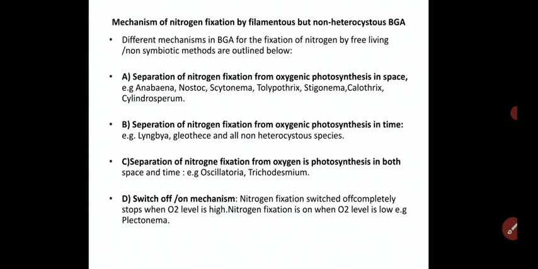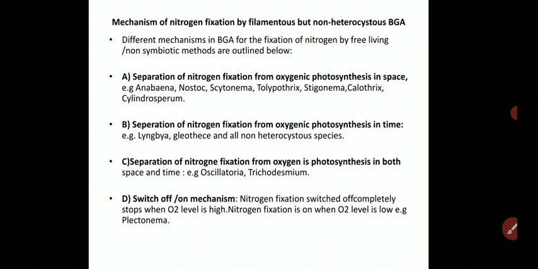The first example of this type of cyanobacteria is Oscillatoria. It has no specialized cells like heterocysts for fixing nitrogen by the non-symbiotic or free-living way. They fix nitrogen in aerobic condition.